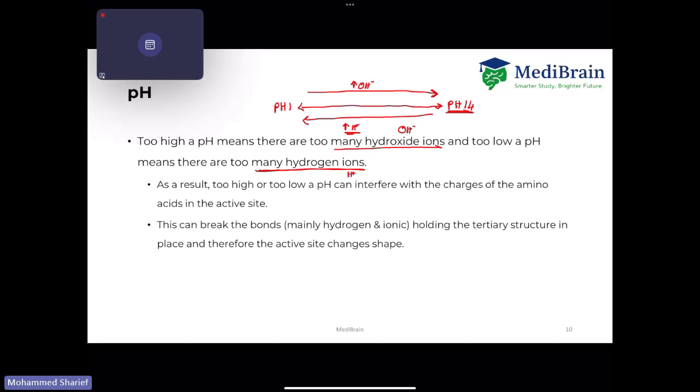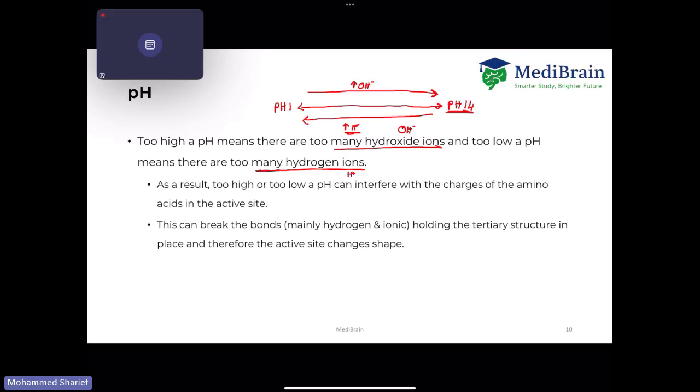Okay, so the bottom line is that pH interferes with the charges. The reason why is that a pH which is too high means there are too many hydroxide ions, which means a negative charge, and if it's too low, there are too many hydrogen ions, which means a positive charge.